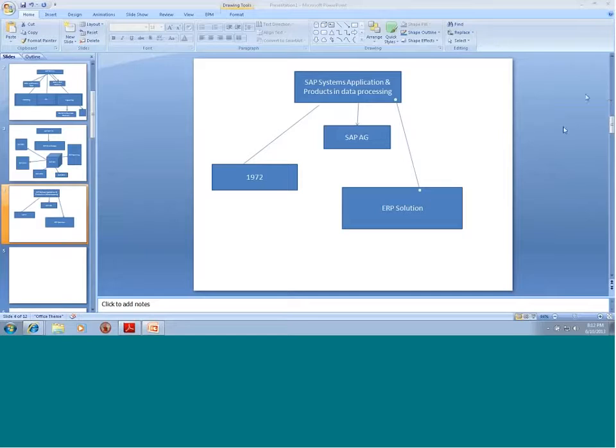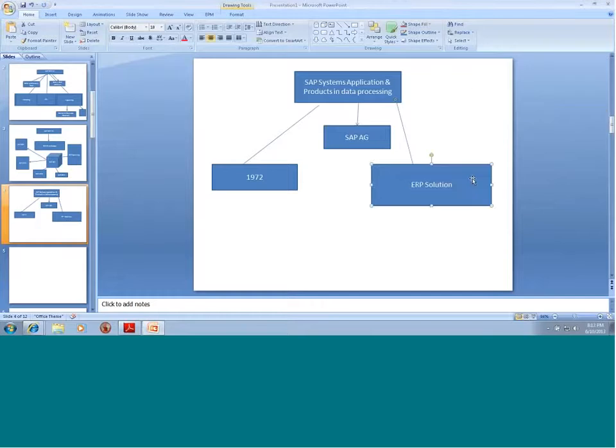ERP is enterprise resource planning, which, from my knowledge, is a fulfillment kind of system. We maintain inventory for a big organization, manufacturing or sales, capturing sales and all these things.